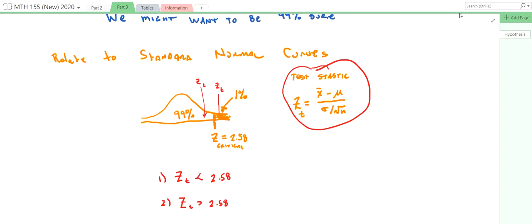Now, if our test statistic is less than 2.58, then what we decide is there's not enough evidence to reject the null hypothesis H0.